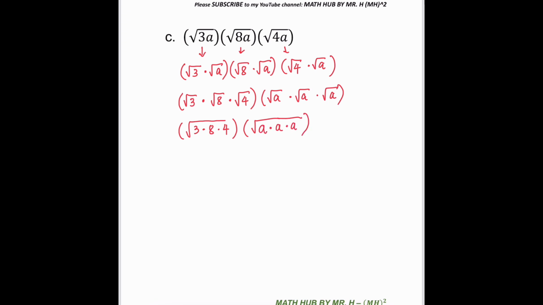Square root of 3 times 8 times 4. 3 times 8 times 4 is 96. So for the first one, we have square root of 96 times a times a times a. So we're multiplying the same variable. So what we need to do is to add their exponent. So we have 1 plus 1 plus 1 is a to the power of 3.